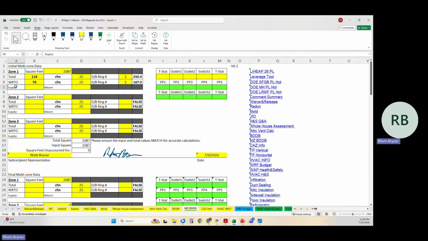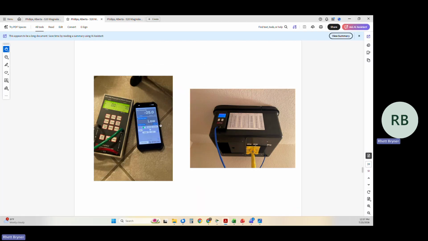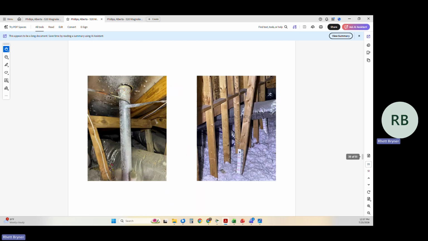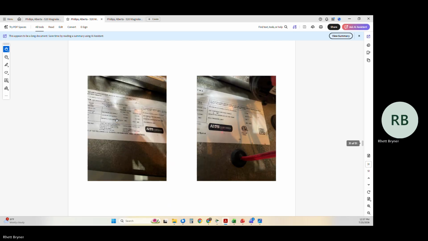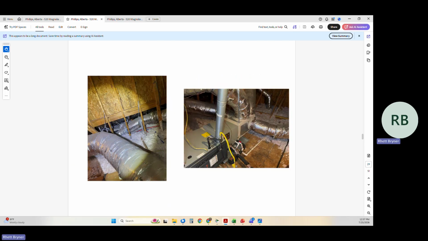Next, this is going to be your supply and your return, but this is going to be your operating pressures. Your operating pressures are another reading you're going to take during the assessment. This is the readings that you get at your supply plenum and your return plenum, in the attic or in the house, wherever you're at.